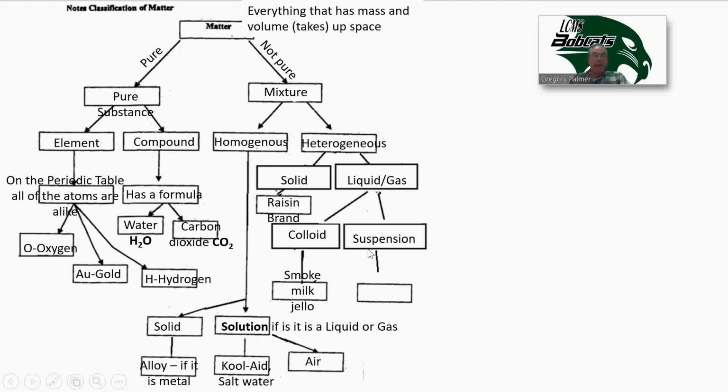They're so big that they settle to the bottom of their container, like muddy water, a river delta, or a pond. So the particles get bigger as we go from left to right. Elements, or single atoms, are the smallest particle that could be. A compound is two or more atoms bonded together.